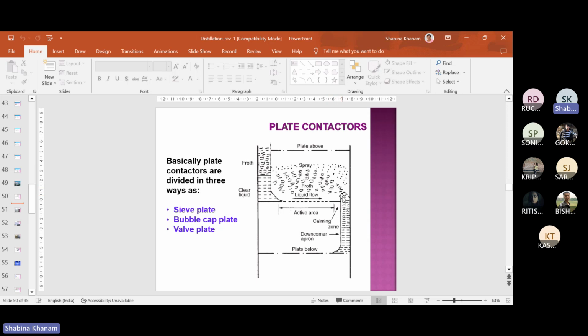Liquid will not come to the downcomer section unless it passes HW. So HOW is basically the height beyond HW where the liquid upper layer is available. Weir height is one thing. Another point is that when liquid is flowing over the weir height, it must have a certain thickness of film. So that HOW is that thickness.